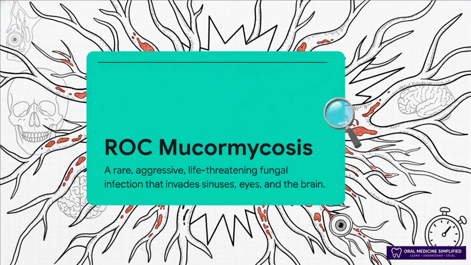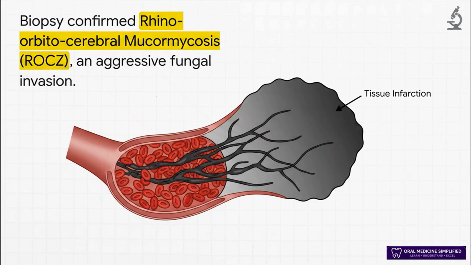Understand the biology, because this is where it becomes dangerous. This is not surface fungal infection. This is not overgrowth. This is invasion, angioinvasion. This fungus is angioinvasive. It invades the blood vessels, forms clots, cuts off blood supply, and once tissue loses blood, it dies rapidly, relentlessly.